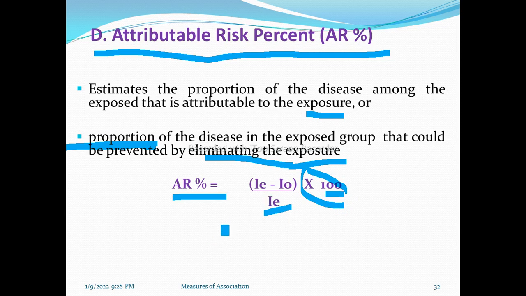So this is known as attributable risk percent. Now the difference is we divide by incidence in exposed and multiply by 100. So from the attributable risk, incidence in exposed minus incidence in non-exposed over incidence in exposed times 100 is known as attributable risk percent.